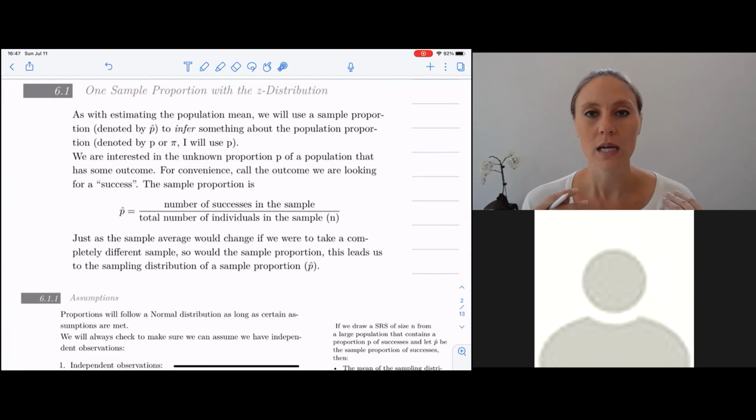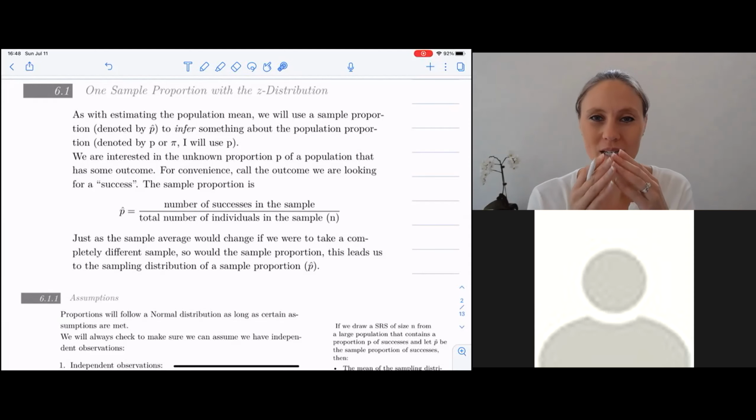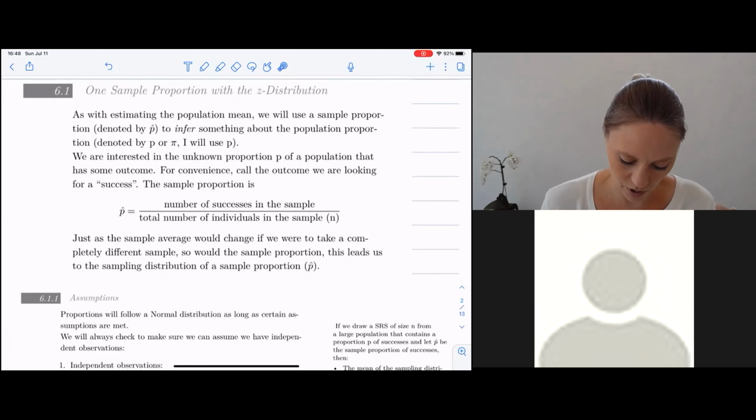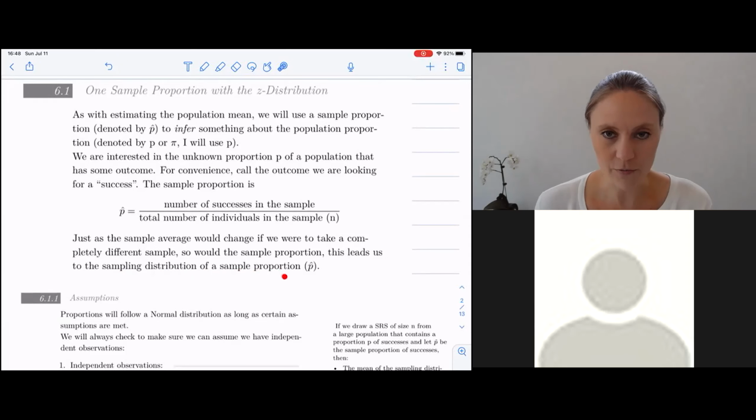In the same way, when we take a sample and calculate a sample proportion, if we took a completely different sample, even if it's perfectly sampled, and calculated the sample proportion for that sample, of course we would find a slightly different number. But we expect them to kind of hang around the same values. And so there we get a sampling distribution for the sample proportion.